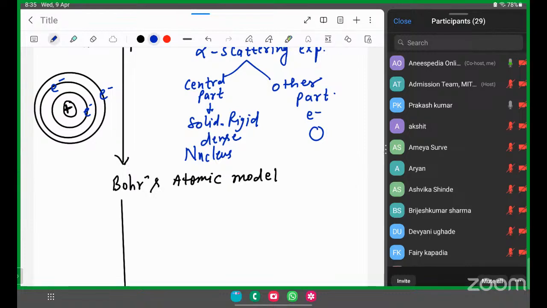And if it is so, electron will also radiate its energy, and the circular path of the electron will become smaller and smaller, and finally it will jump into the nucleus. And if it happens, the atom will be destroyed or atom will not exist. So it cannot explain stability of the atom.